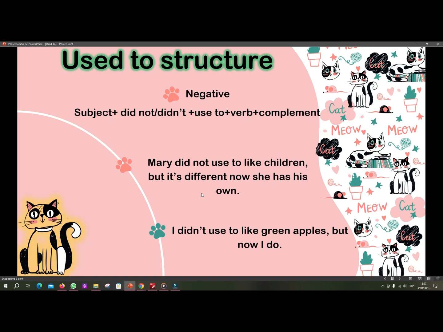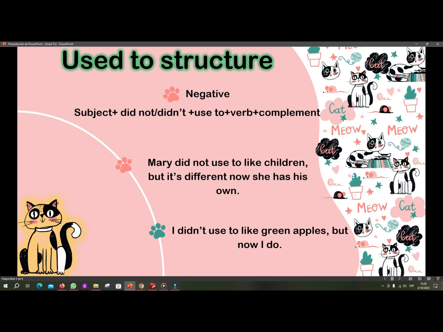And also here you have another example. I didn't used to like green apples, but now I do, right? So be careful with the structure of used to in this case, because that is in simple past. So I didn't used to like green apples, but now I do.